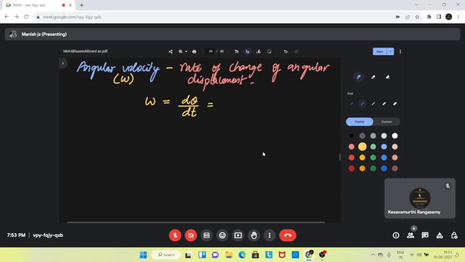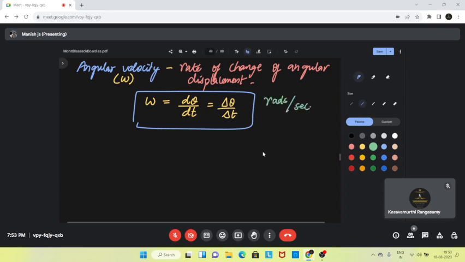Otherwise delta theta upon delta t also you can write. So this is the formula for angular velocity. Looking at the units, the unit is radians per second. So this is the SI unit of angular velocity.